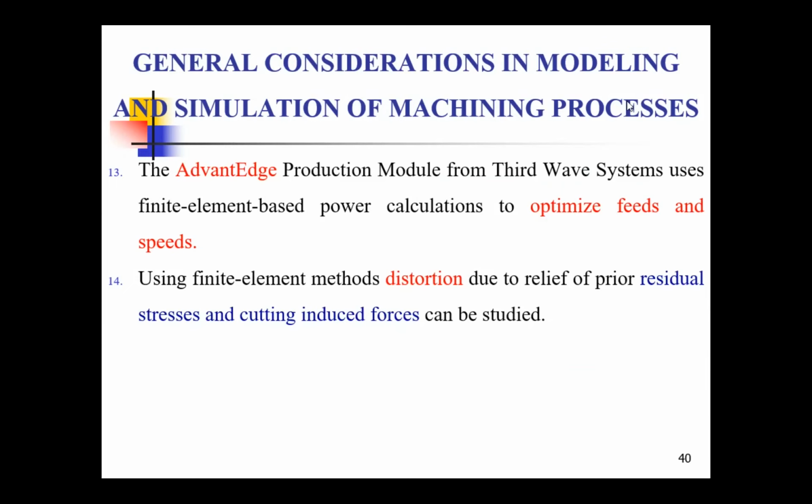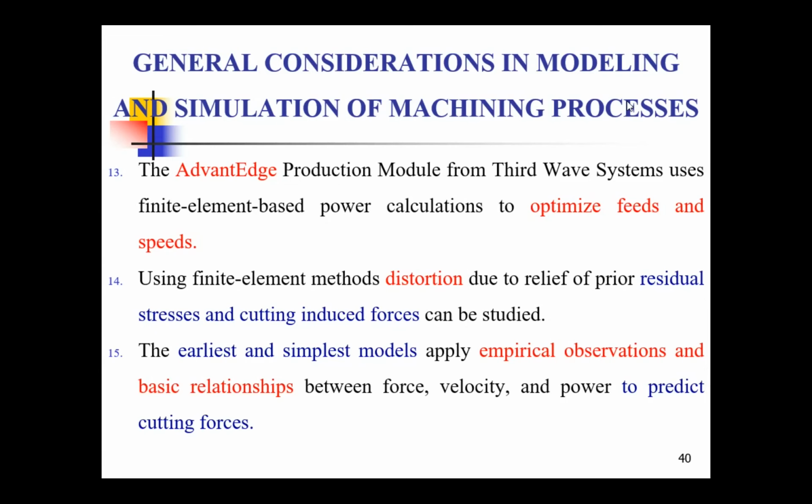By using this, we can study the cutting forces induced by this process. Distortion due to relief of prior residual stresses and the induced cutting forces can also be studied by these models.